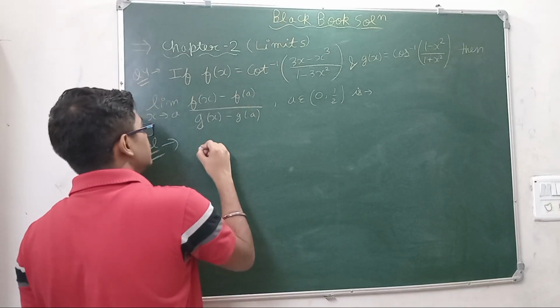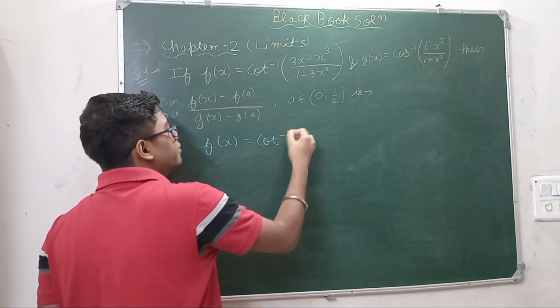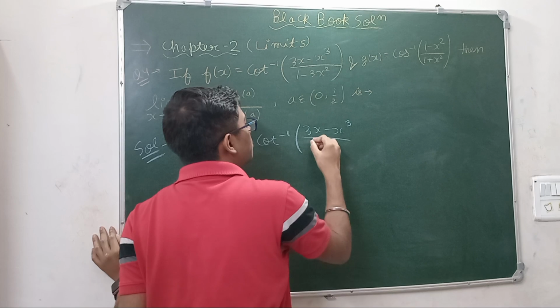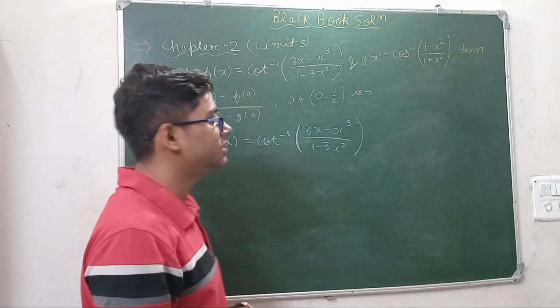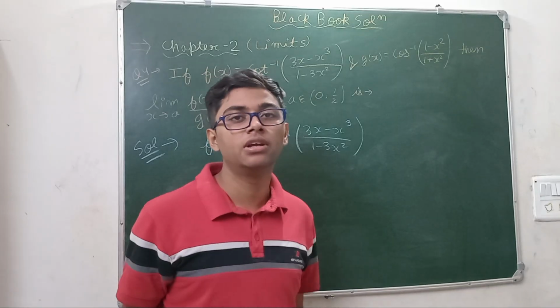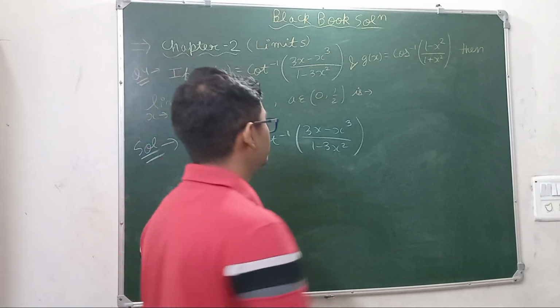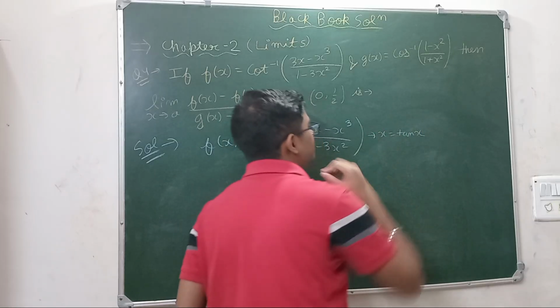Fx is given as cot inverse 3x minus x cube upon 1 minus 3x square. We have to find fx. See, this is a very standard function. All of you know that what we have to do is substitute x equals tan x.